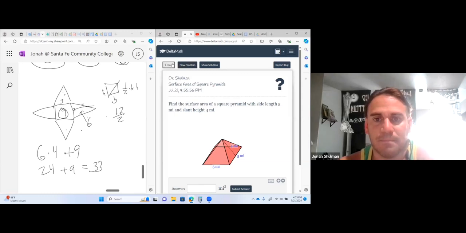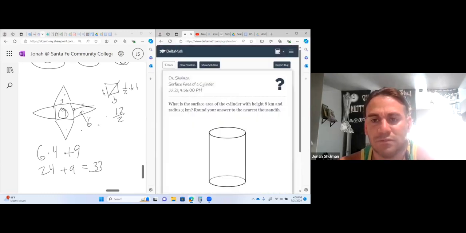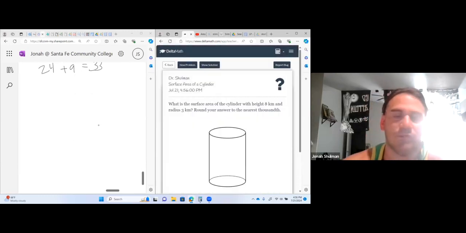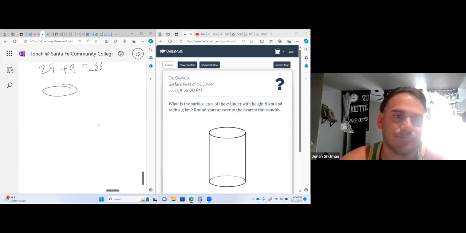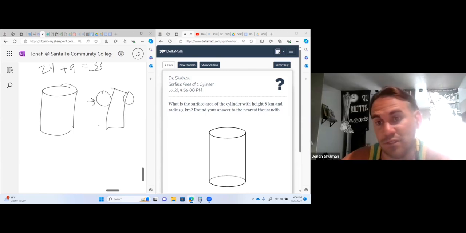It's okay. All right, let's do a cylinder now. Now, if you have a cylinder, best way to think about a cylinder is a what? 2 circles and a rectangle. That's all it is. Isn't that nice? You only need 2 pieces for it. This is your rectangle, right? These are your circles.